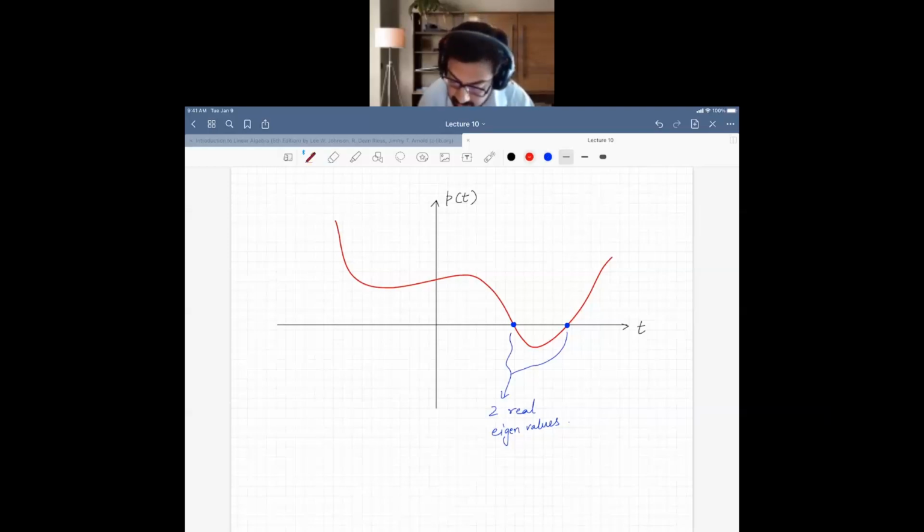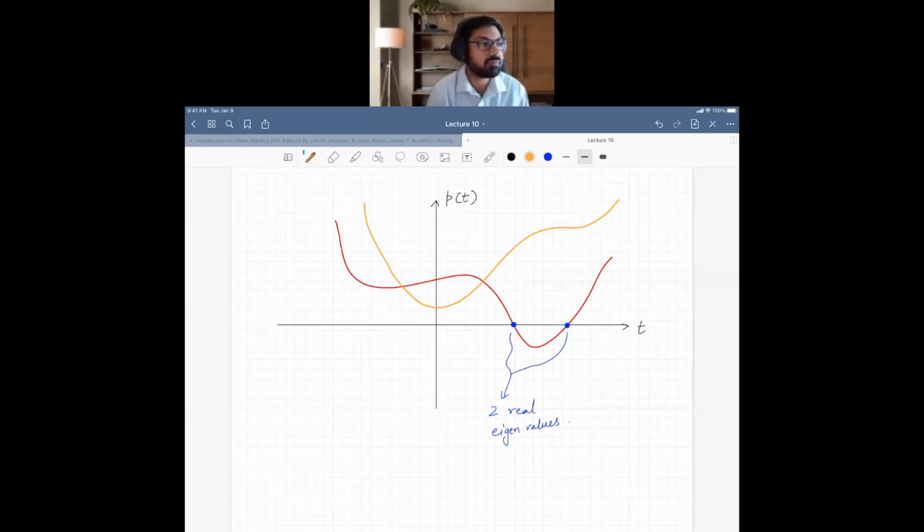However, if you have some other characteristic polynomial like this, which never crosses the x-axis, then it is not going to have real eigenvalues, but it is a polynomial of a higher degree.